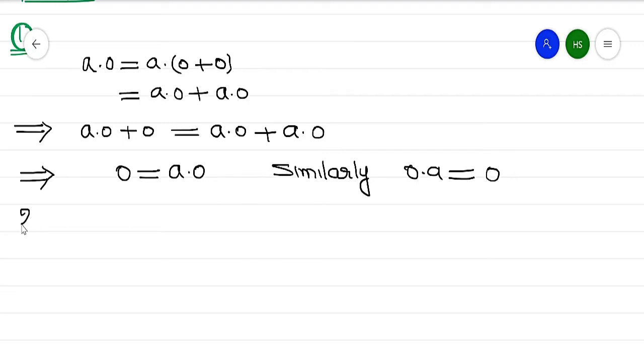Now result number 2. What is the statement of result number 2? a into minus b is equal to minus a into b, which is equal to minus ab.